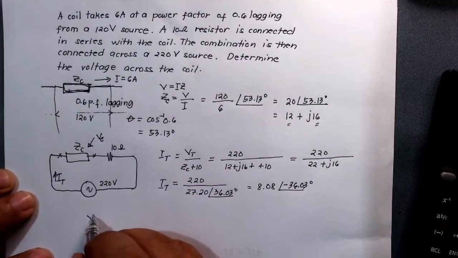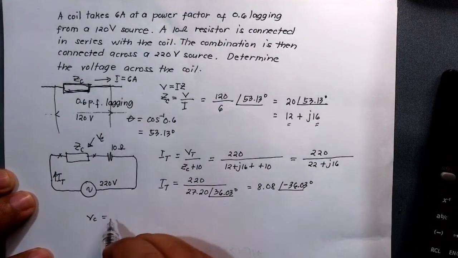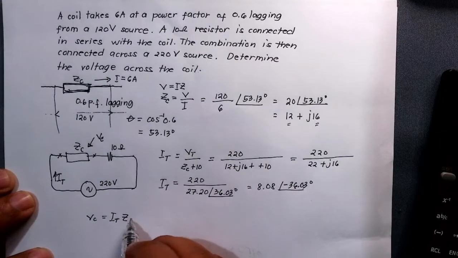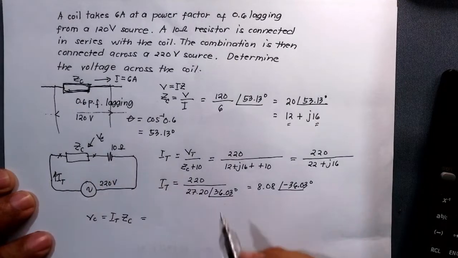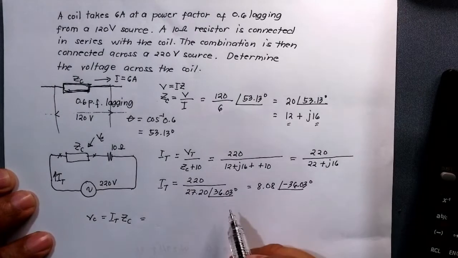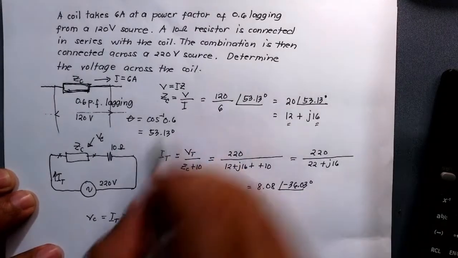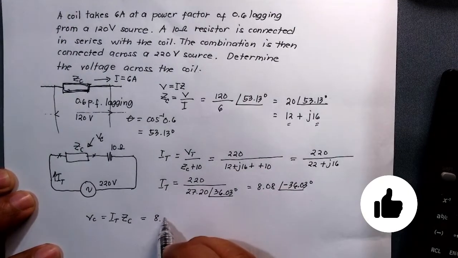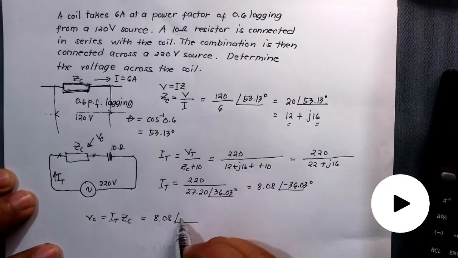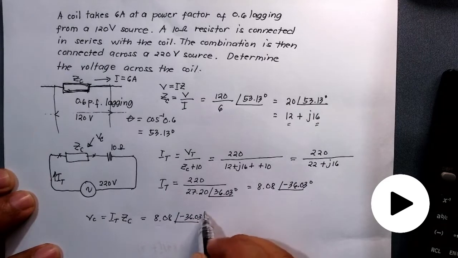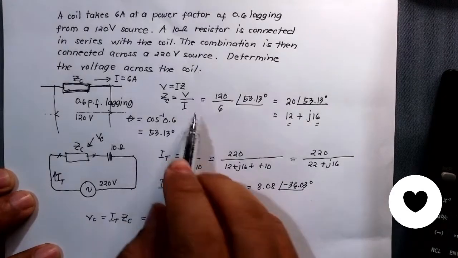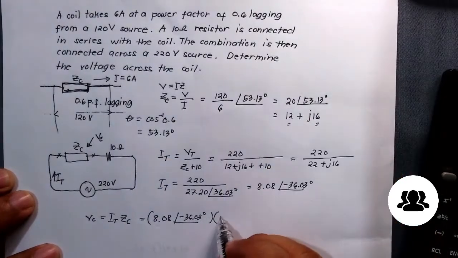So VC is the multiplication of the current passing through this coil multiplied by the impedance of that coil, ZC. For IT, you have 8.08 at negative 36.03 degrees, multiplied by Z, which is 20.